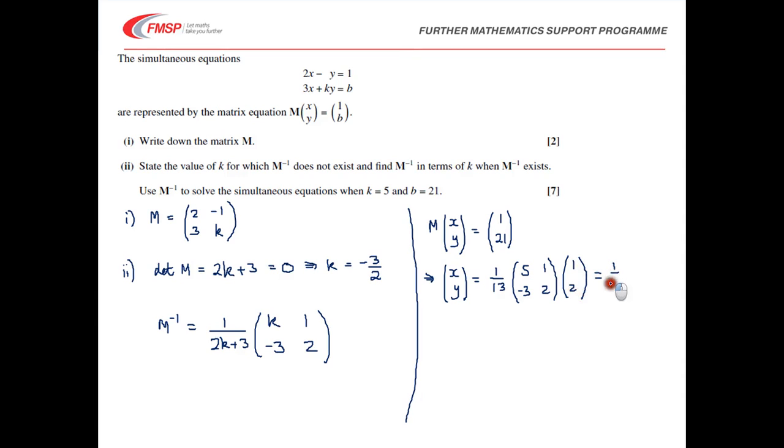That's 1/13 of (26, 39), which is 2, 3. So our solution is x equals 2, y equals 3.